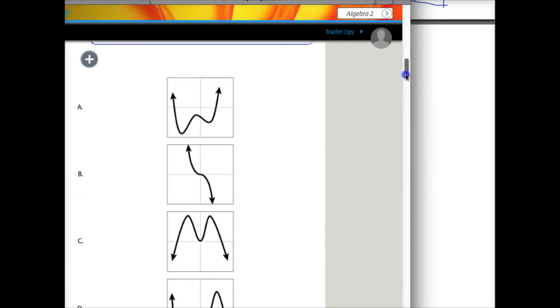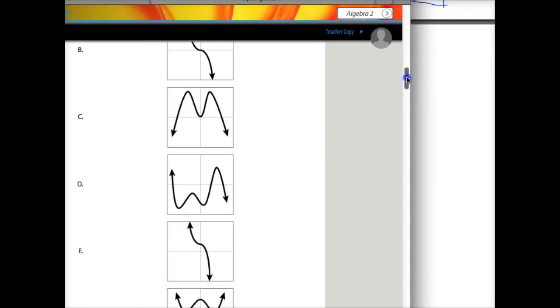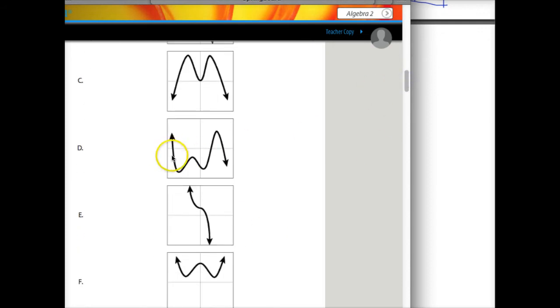End behavior, okay, that doesn't look like a positive odd. That doesn't look like positive odd. This doesn't look like positive odd. Keep going. D does look like it has a positive odd end behavior. So then I check the other.